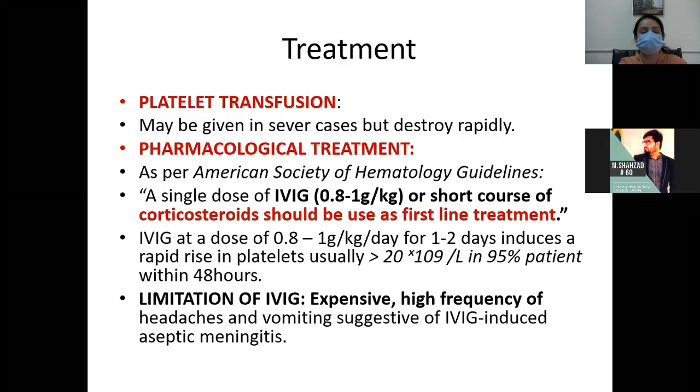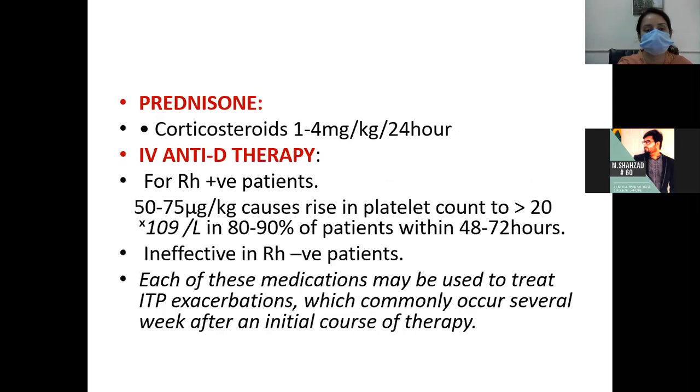What can be the limitations of intravenous immunoglobulin? First of all, it is expensive, with a high frequency of headaches and other side effects like vomiting, which are suggestive of intravenous immunoglobulin induced aseptic meningitis in these patients.